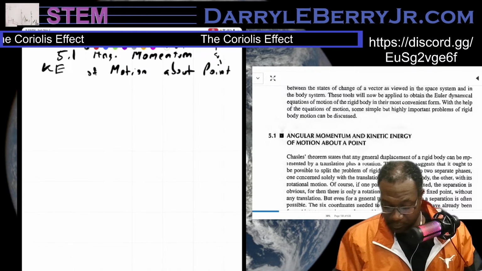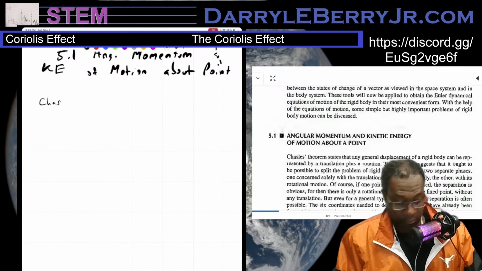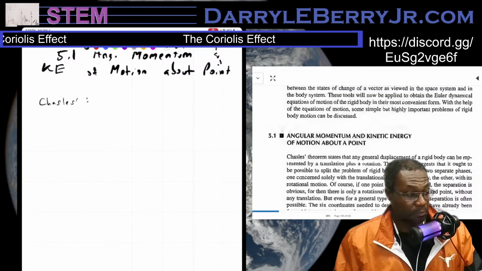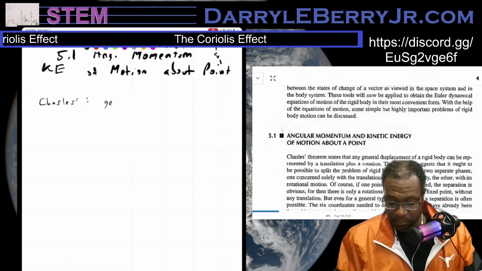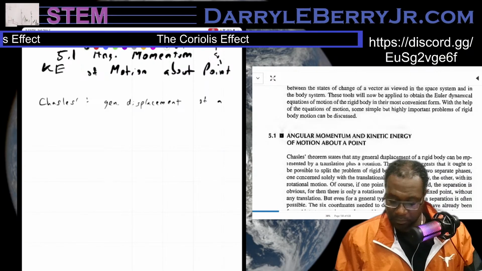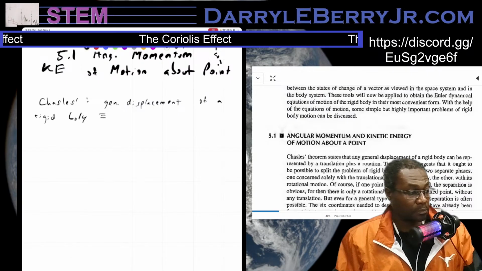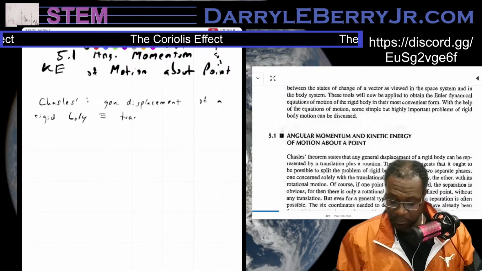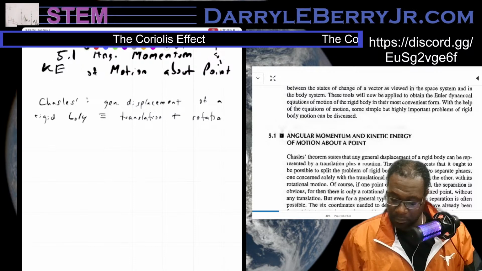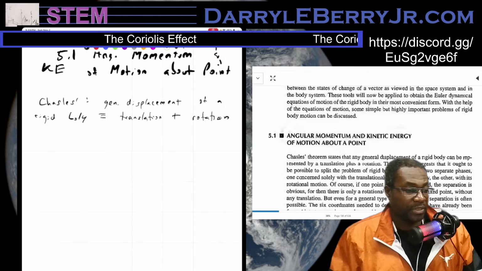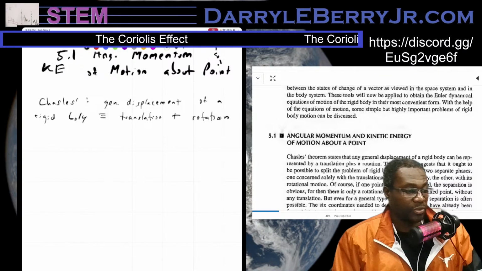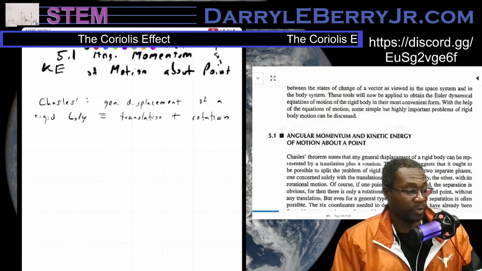The theorem suggests that it ought to be possible to split the problem of rigid body motion into two separate phases, one concerned solely with the translational motion of the body and the other with its rotational motion.